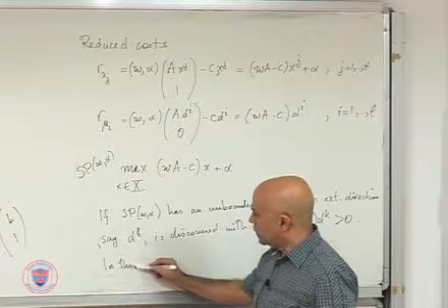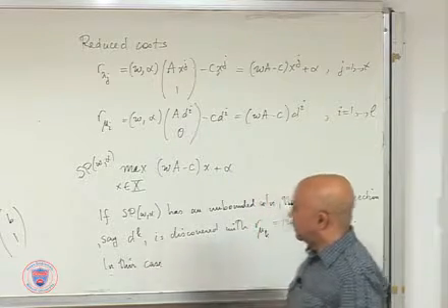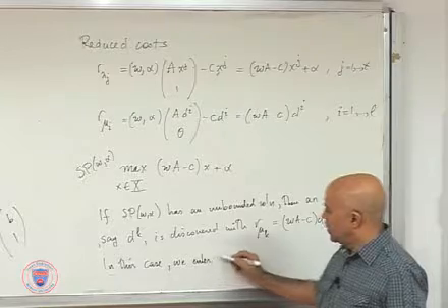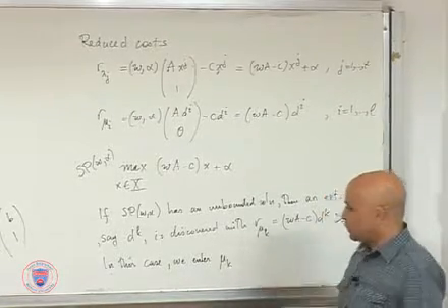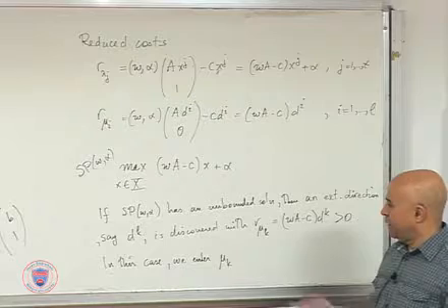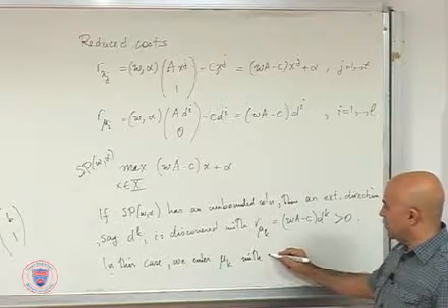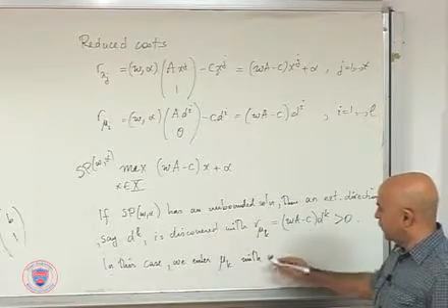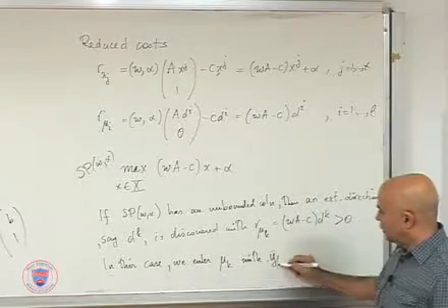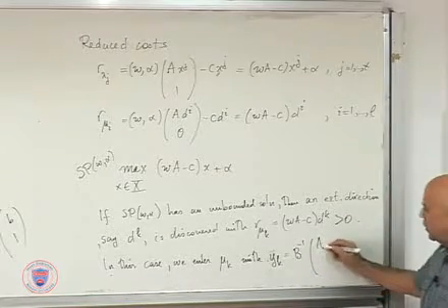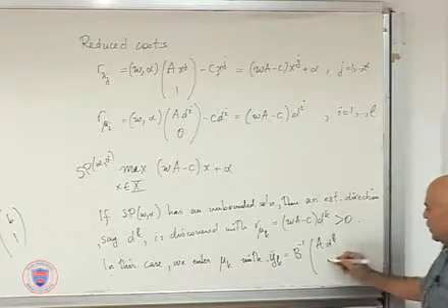In this case, we enter mu k with reduced cost r mu k with column y_k defined by B inverse times a d_k and 0.